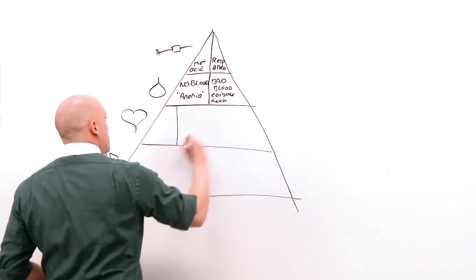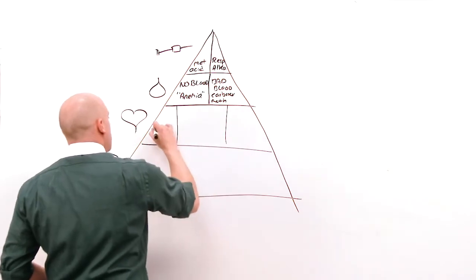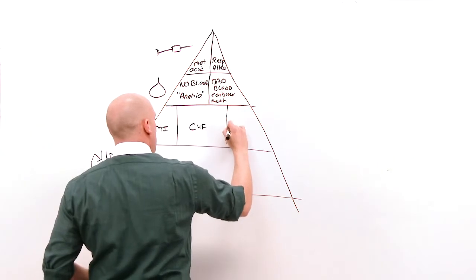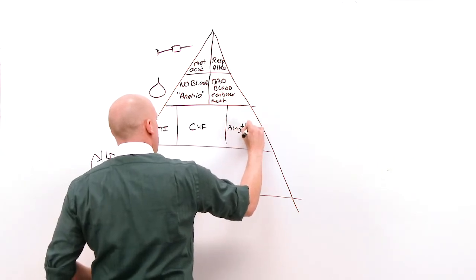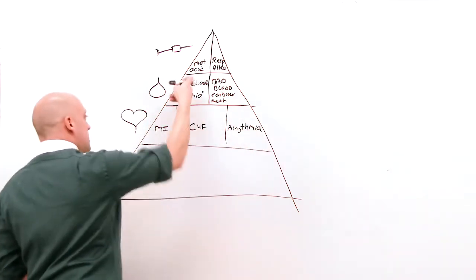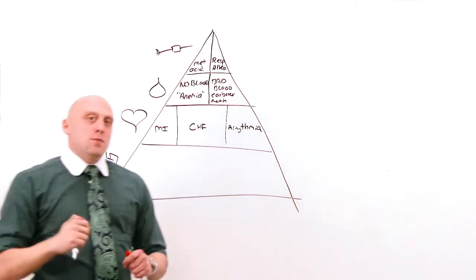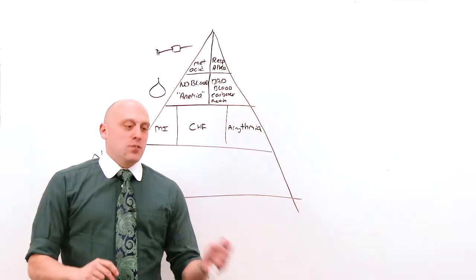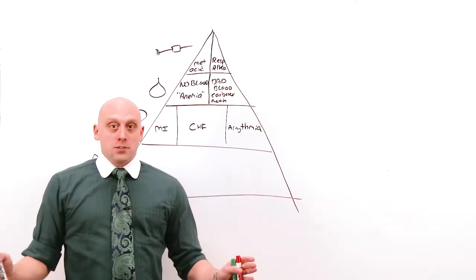The heart row has 3. That is an MI, CHF, and arrhythmia. The same concept is true of CHF. Doesn't matter if it's ischemic, non-ischemic, systolic, diastolic, valvular failure, or whatever cause.